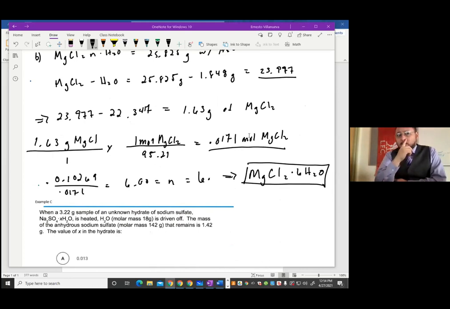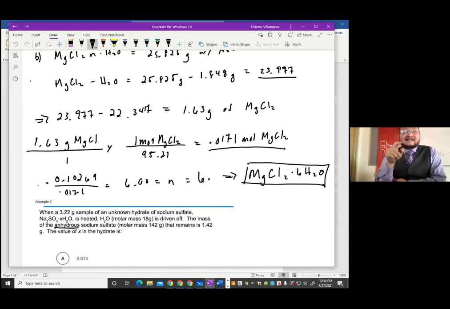Okay, so it says when a 3.22 gram sample of an unknown hydrate of sodium sulfate, Na2SO4 times XH2O, is heated, H2O is driven off. The mass of the anhydrous sodium sulfate, anhydrous meaning no water, that remains is 1.42 grams.